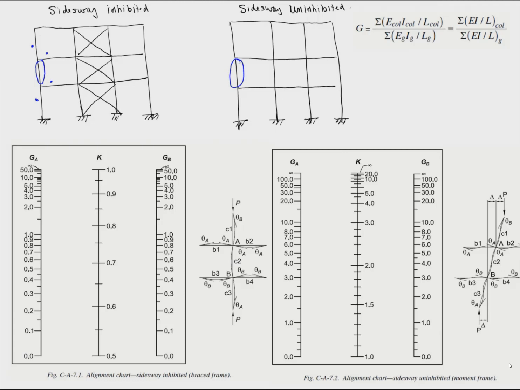So in this case, the AISC specifications provide a way by which we can calculate the effective length factor using these charts called alignment charts. But we will not get into that in this course. You will learn much more about effective length factors in more general situations in your steel design course.